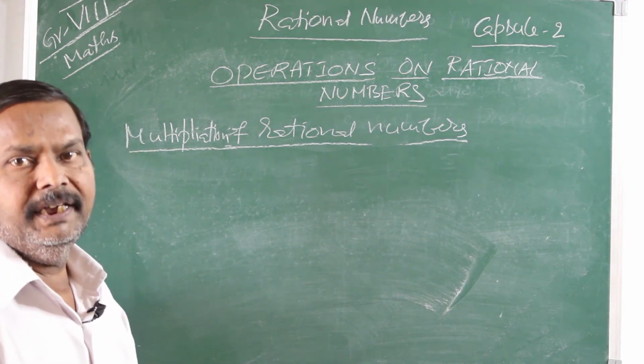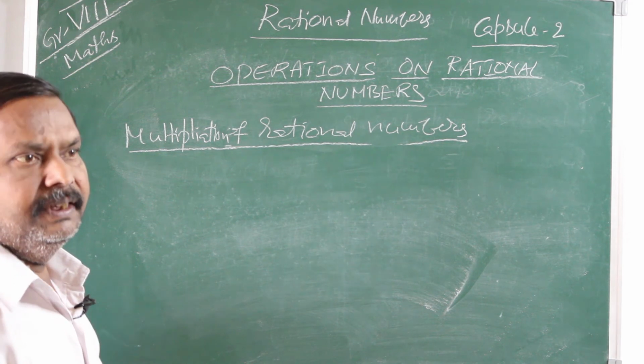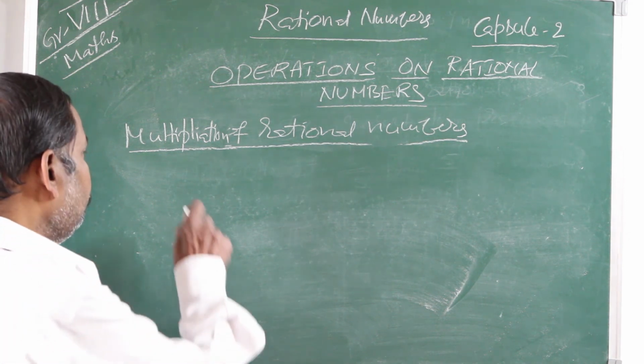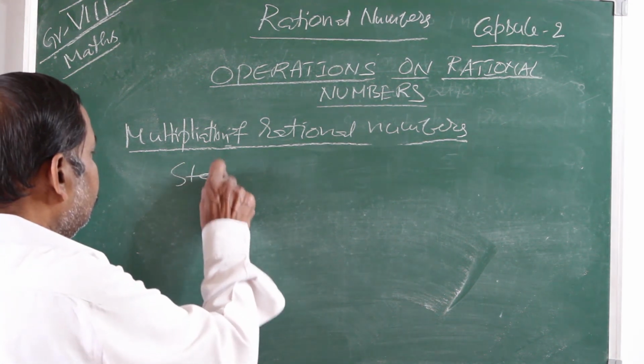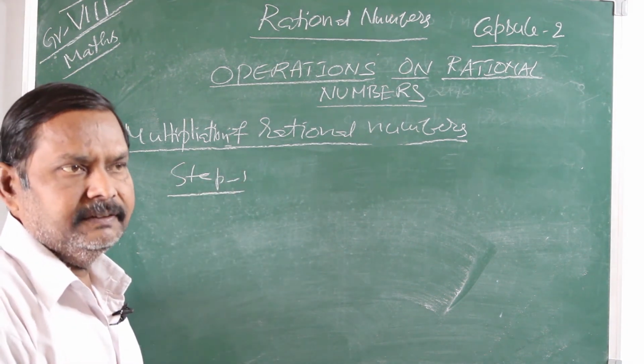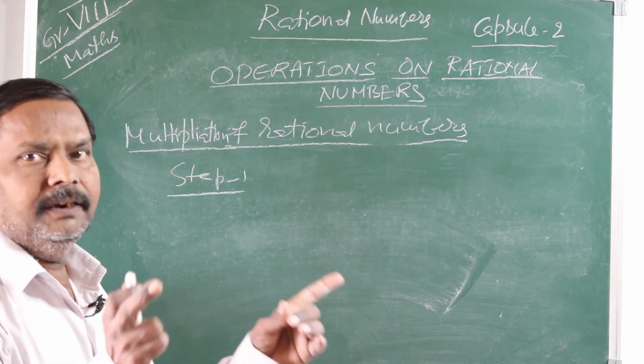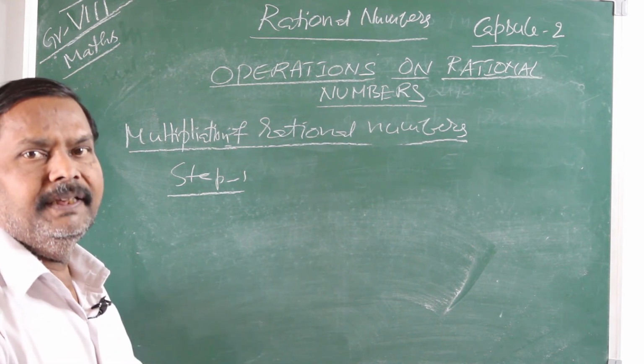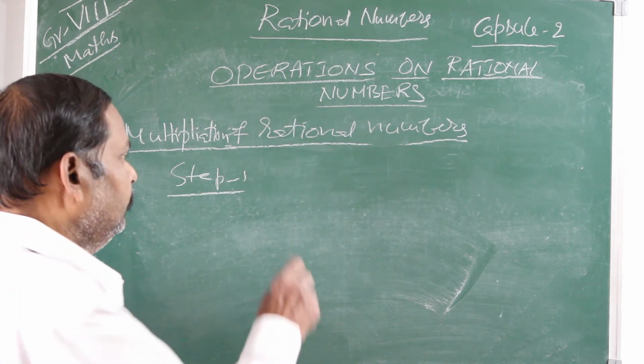So how to multiply two given rational numbers? Here also some steps we have to follow. In step 1, what you have to do is multiply the numerators and multiply the denominators.